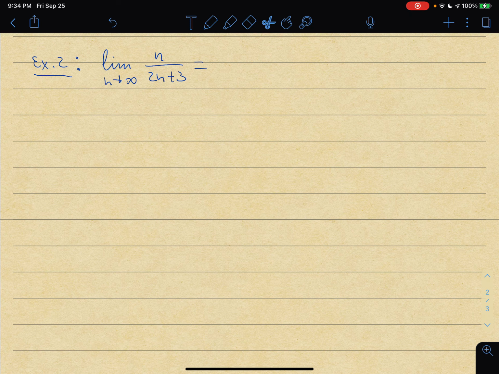So in this case, when n gets big, 3 becomes irrelevant. So for very large n, essentially what you're seeing is n divided by 2n, and so that is nothing but just 1/2. So the limit is 1/2, and now I want to prove this again by using the definition of a limit.